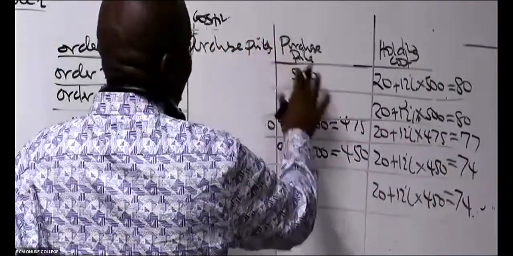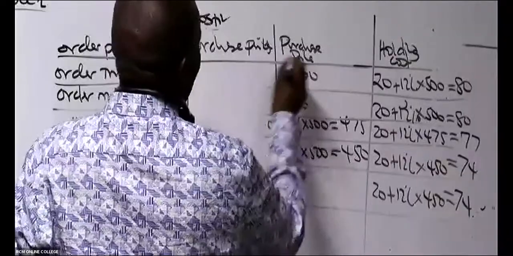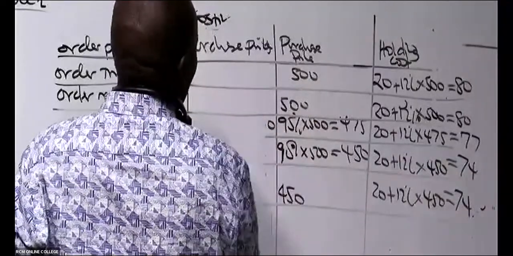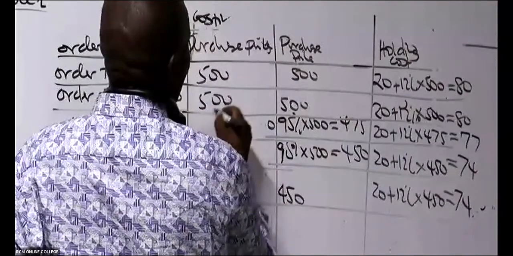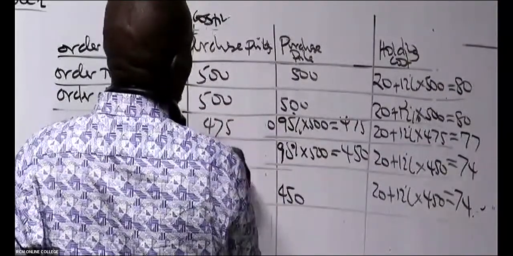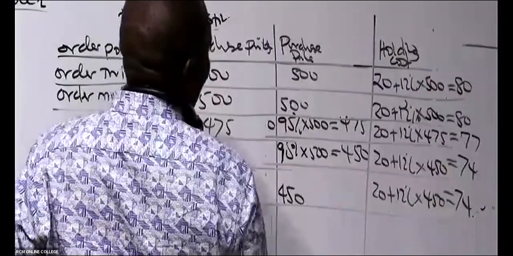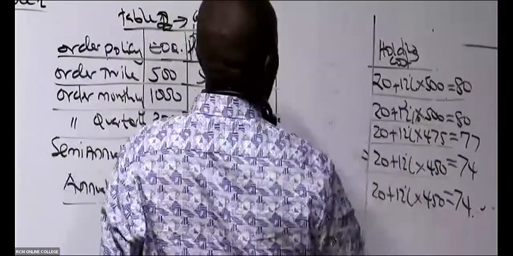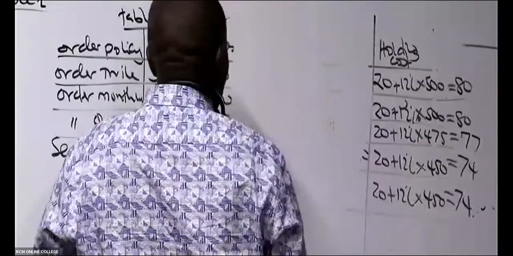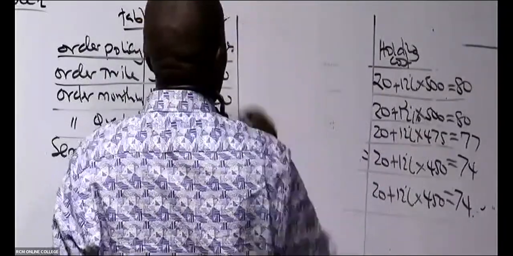But now I won't show the calculations. So it is 500, 500, 475, 450, 450. I need holding cost. I must squeeze my space.